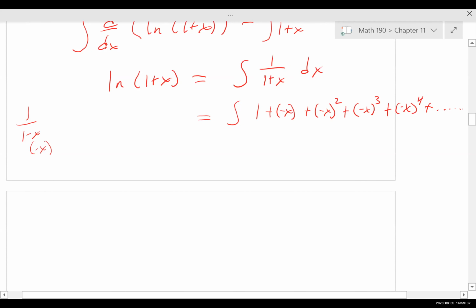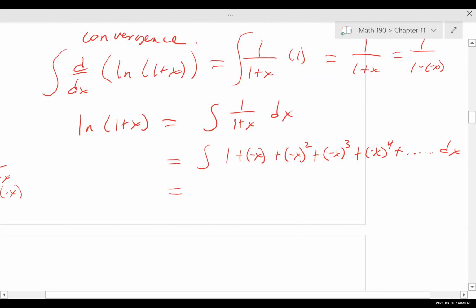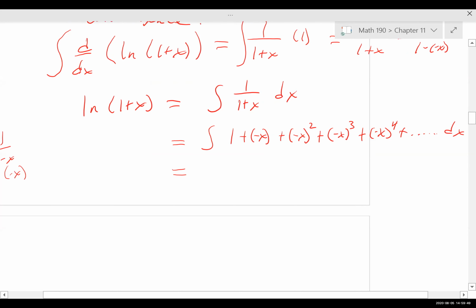Okay, so let's integrate this term by term. This is going to be equal to, there should be a dx there. Okay, so the integral of 1 is x. The integral of negative x is going to be minus x squared over 2, right?